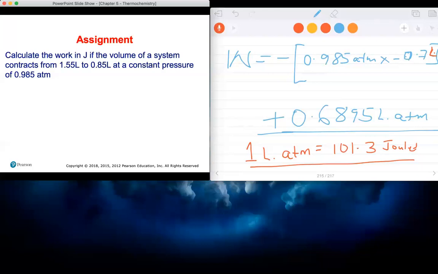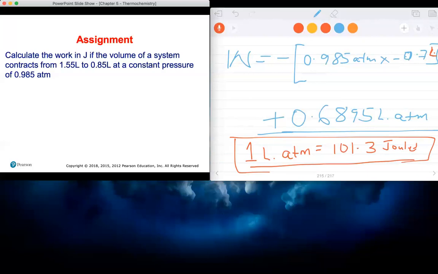Or why am I not getting this? It is because you need to know that. Don't memorize this. I'm just going to give you this, but in the homework assignment and probably in the quiz, you have to know. In the exam, I'll give you equations and constants.